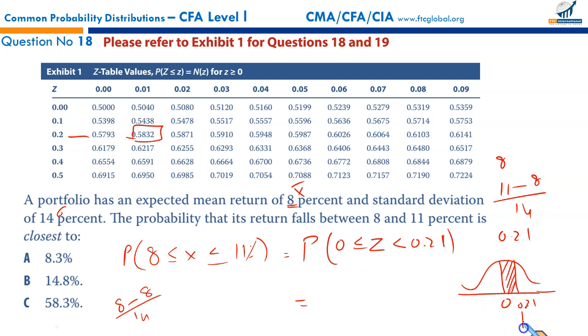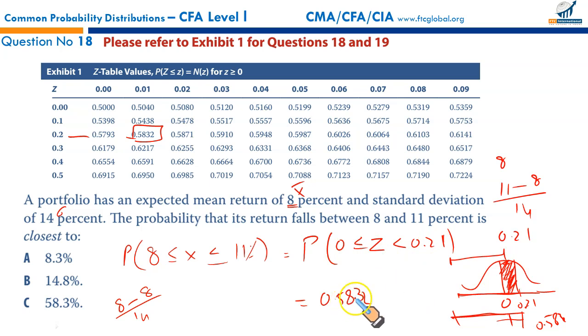This whole region till here is 0.5832. But we need only this shaded part. We need to remove the white part to get only the part between 0 and 0.21.